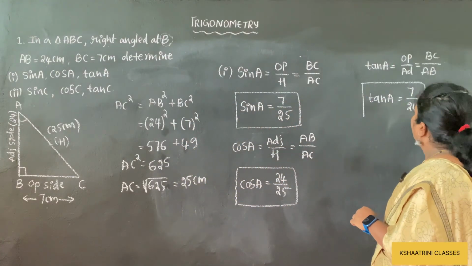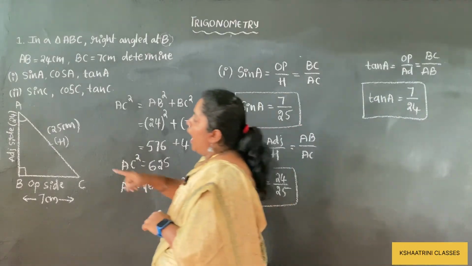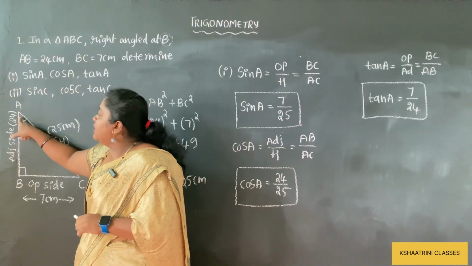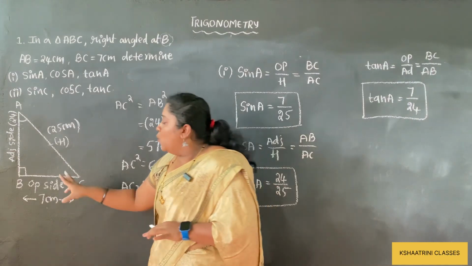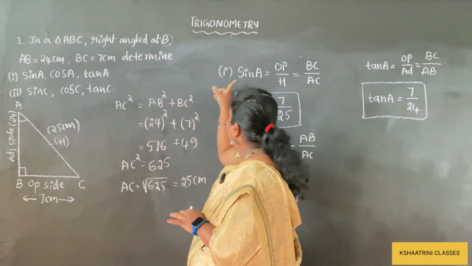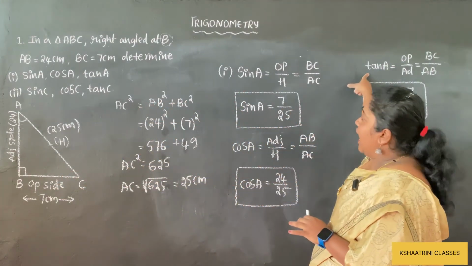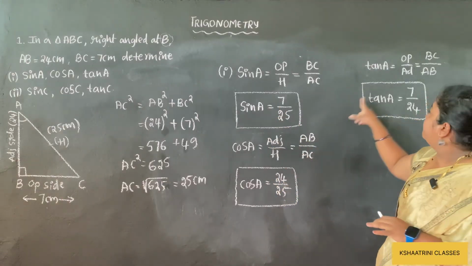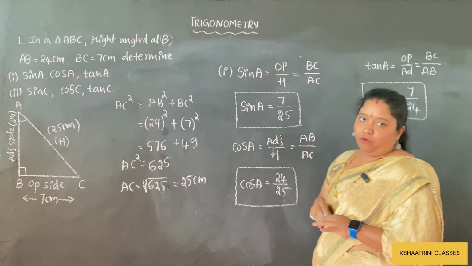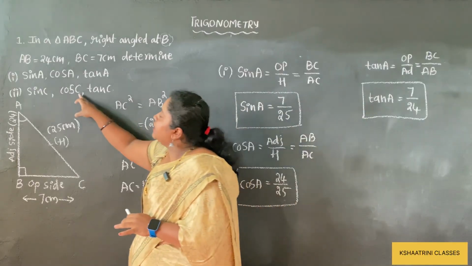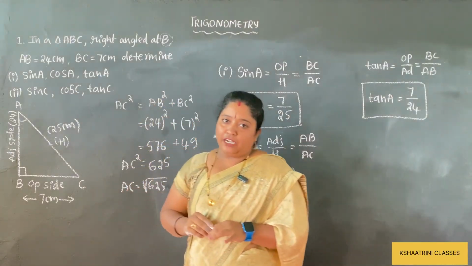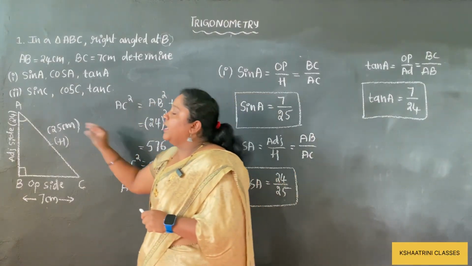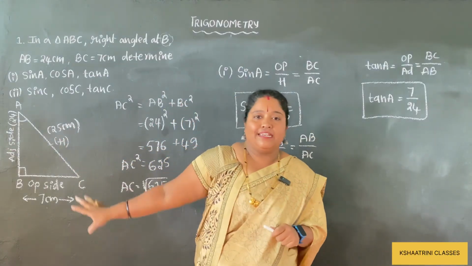So now with respect to angle A, we have written sine A, cos A, tan A. That is 7 by 25, 24 by 25, 7 by 24. Now to write the trigonometric ratio with respect to angle C, we'll rearrange the diagram to make it easier to write.